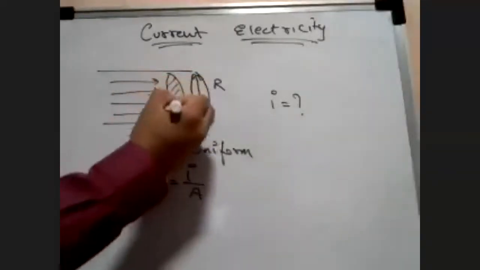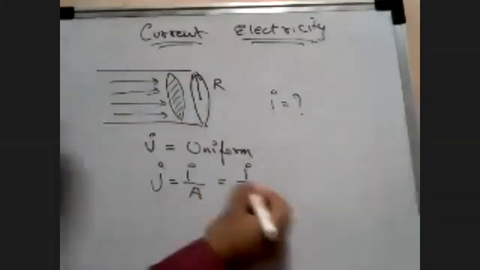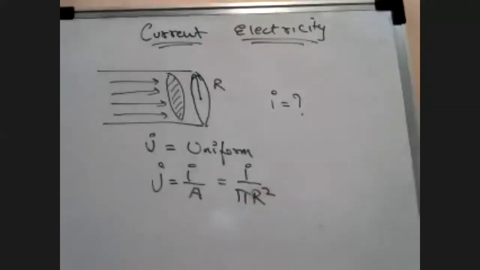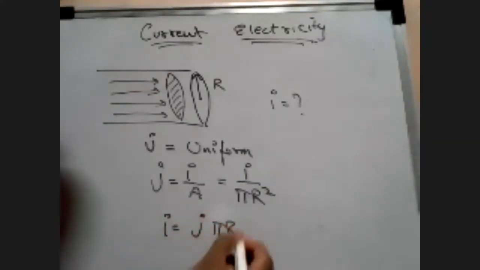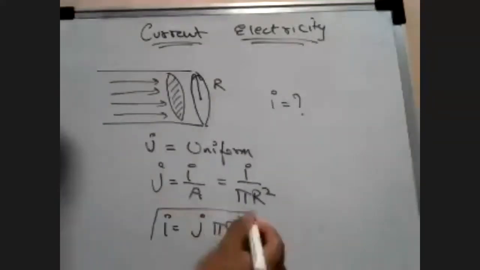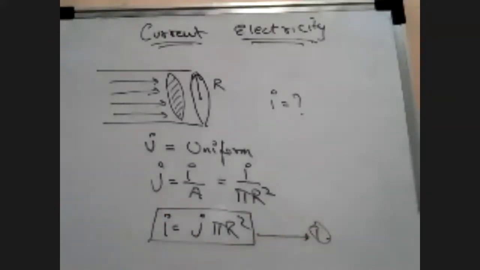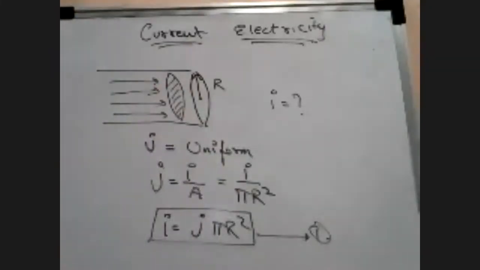So now what can I write A as? Can I write it as pi capital R square? Then I will be equal to J times pi R square. You understood the way of solving these sums? J is equal to I by A, so I is J into pi R square. This is the current in terms of current density J.